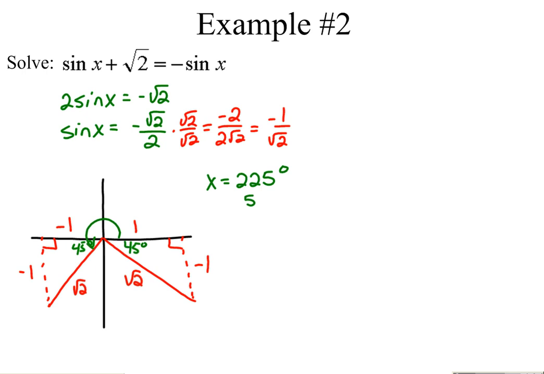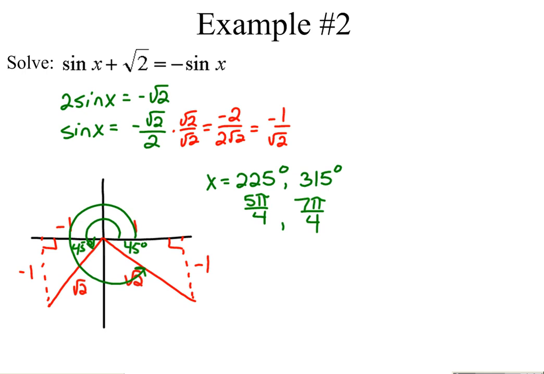First rotation takes us to right there, which is 225 degrees, or 5 pi over 4 in radians. Our second rotation, all the way around there, 360 minus 45 is 315 degrees, or 7 pi over 4.